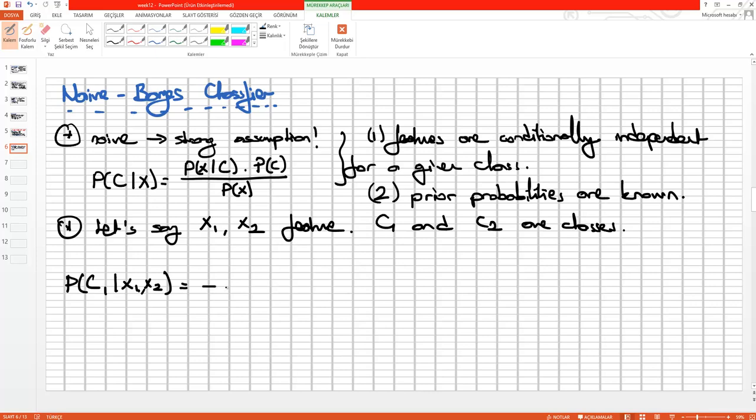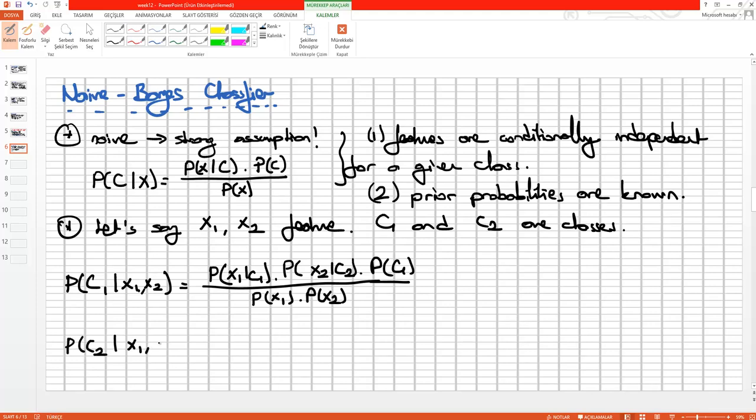And if our features are conditionally independent for each class, then we can write P(x1|C1), the probability that for a given C1, x1 is contained or not. We can also write P(x2|C1), because they are independent, and then we can multiply these two probabilities. And also we should give P(C1) over P(x1) times P(x2). These are the conditions. And the same rule is applied with C2, x1 and x2.